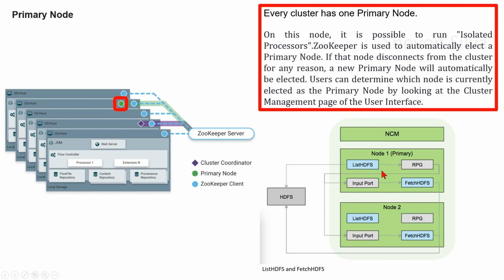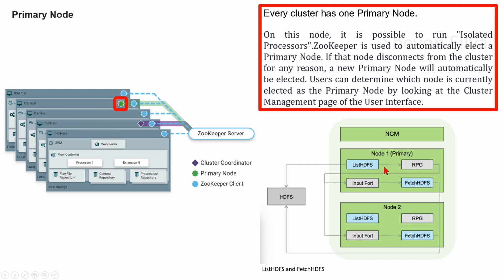The results of the listing are then sent out from List HDFS as flow files, where each flow file contains one file name to pull from HDFS.